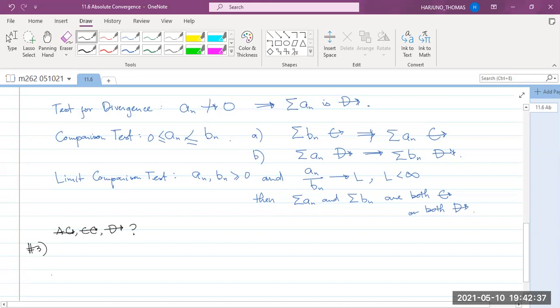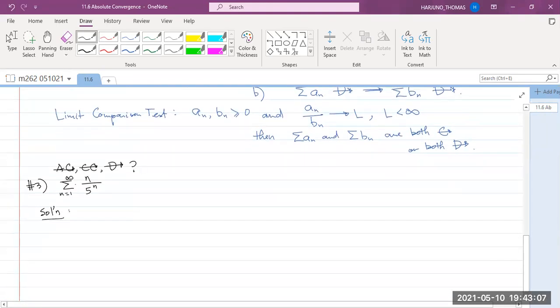Number 3, the series n over 5 to the n. Is it convergent or divergent? Solution. It's already positive terms.